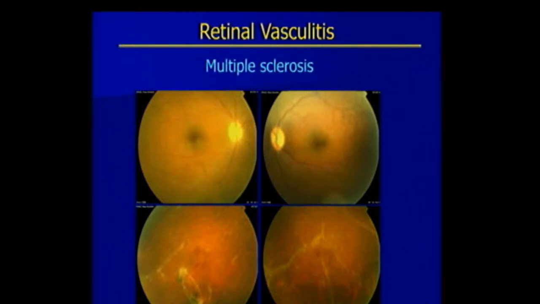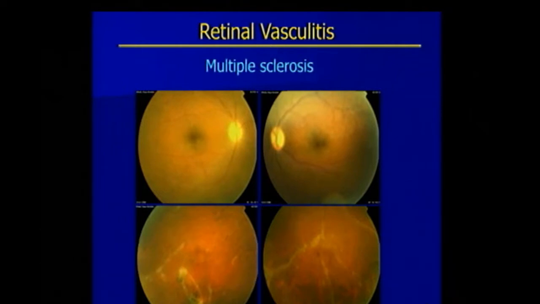I remember years ago during a uveitis course, there was a presentation about whether we need to do MRI for patients with uveitis. I told them, you don't need to. There's only one occasion when you see this type of vascular sheathing.